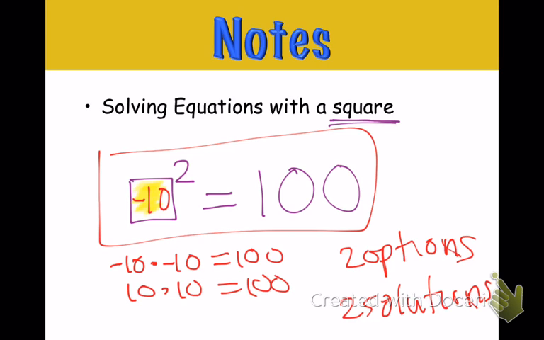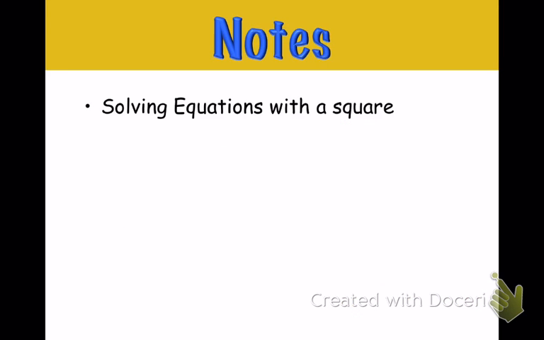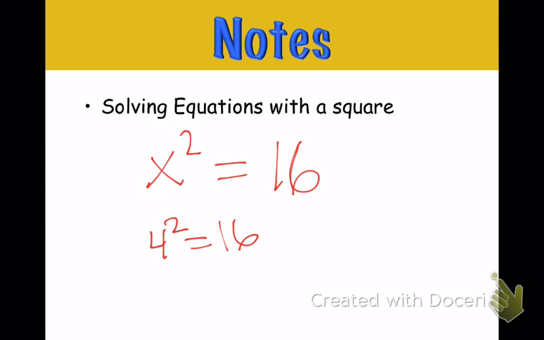Just like if I were to say, what number squared equals 16, you could say 4 squared is 16, but also negative 4 squared. So there are two solutions: the positive of the number and the negative of that number.